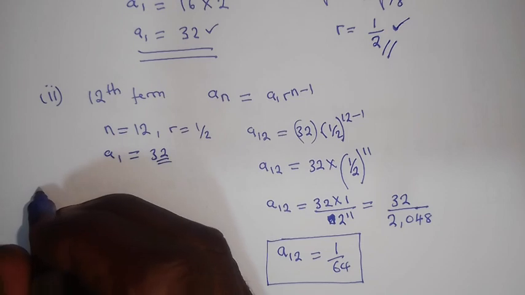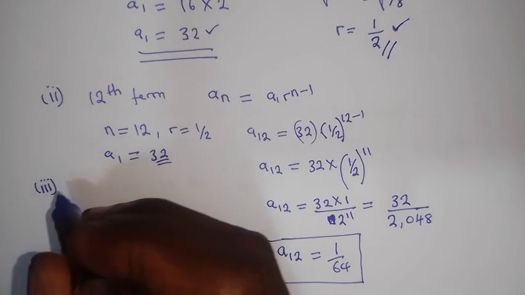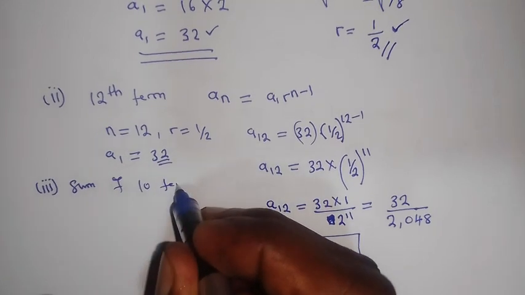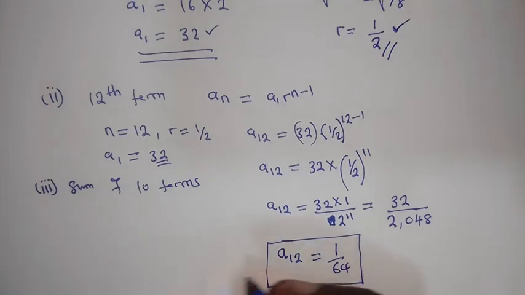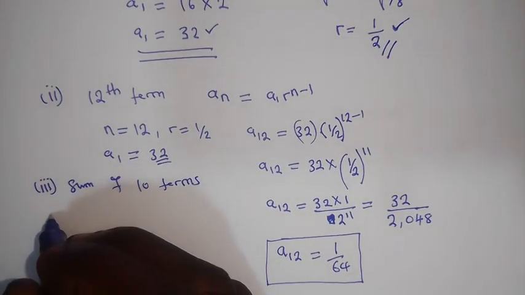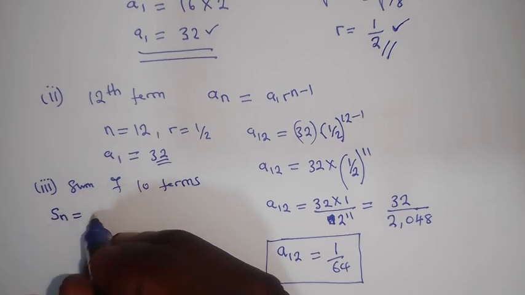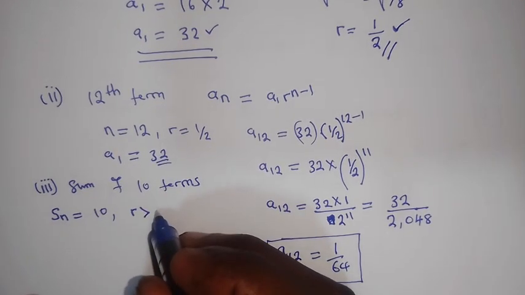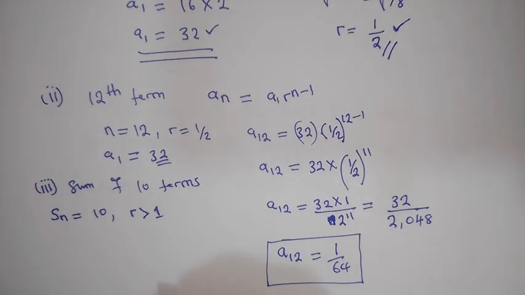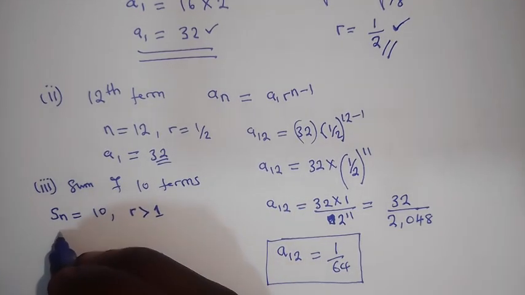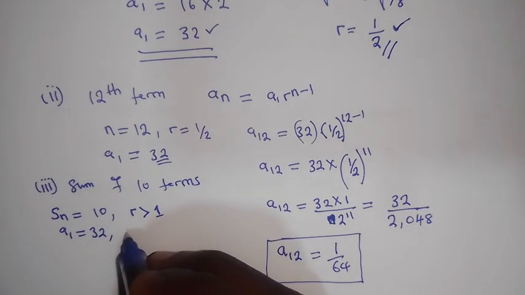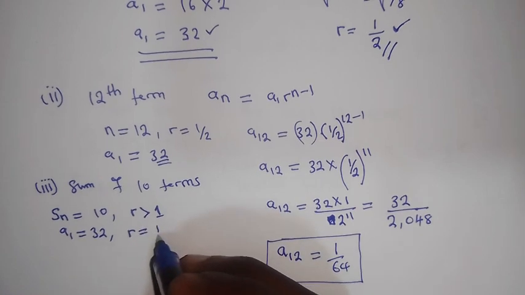On this one, you have to sum these 10 terms, and also you have to understand that your r is greater than 1, so there is a formula for that. And as we know, the first term is 32, and the common ratio is half.